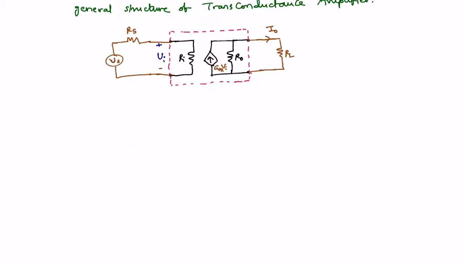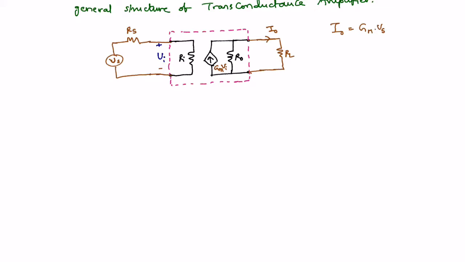Our ultimate aim is to get I naught equal to Gm times Vs. But you will not get that directly, because some part of Vs drops across Rs, and only the remaining is available as the effective input signal Vi.